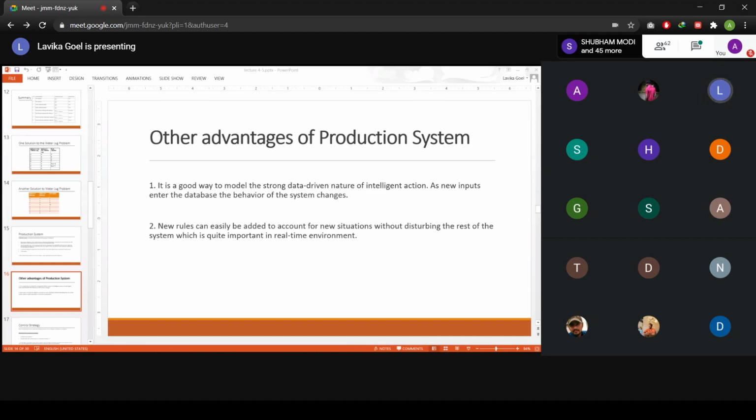If your domain knowledge gets changed, then new rules will be added, and then the solutions of the problems would also change. New rules can easily be added to account for new situations without disturbing the rest of the system if you have a production system. So if you have a production system which has some production rules, and if new inputs are coming, then you can design new rules for them and add them easily in the production system.